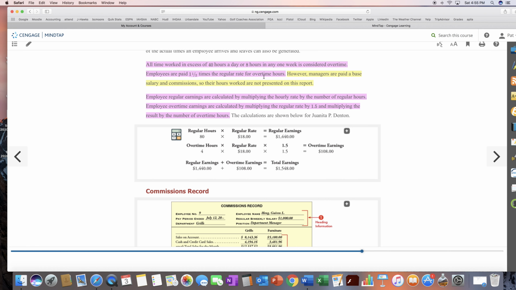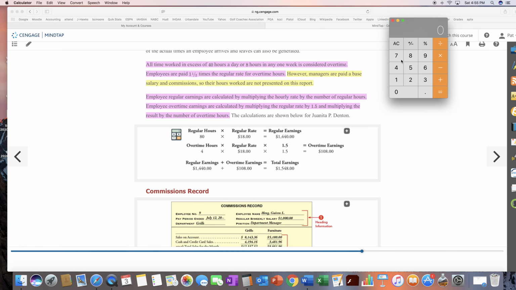If you work overtime, you get rewarded in this company by getting the extra pay, time and a half. Now, another way to do this, if you got a calculator out, you would multiply 4 times 18 times 1.5, and you get the 108.